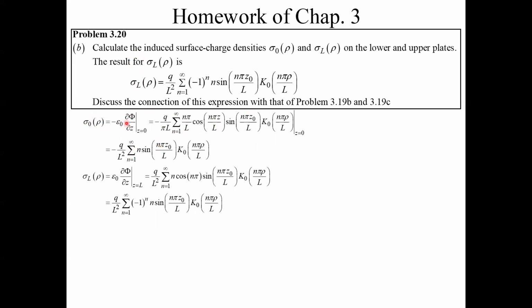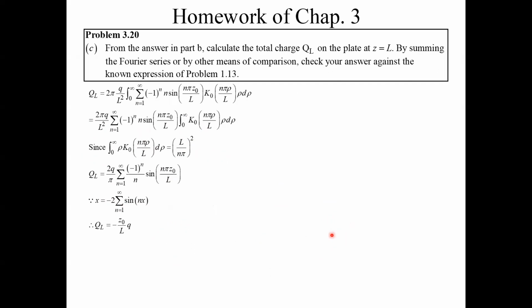Since we have the potential for this space, we just take the partial derivative in z at the surface, and we will get the charge density on the lower plate and the upper plate here.